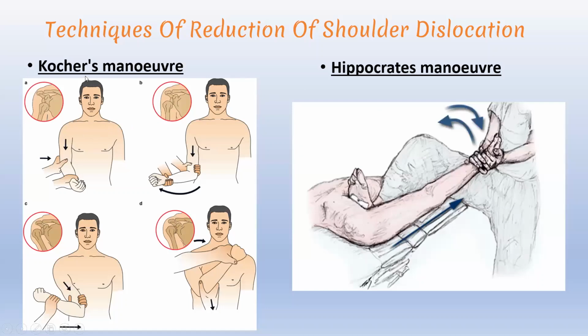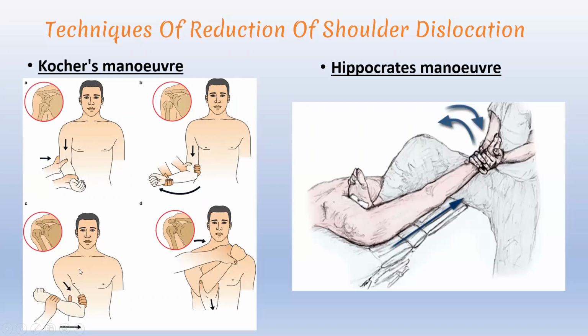Techniques of reduction of shoulder dislocation. First one is Kocher's maneuver. This is the most commonly used method. The steps are as follows. First one is traction. With the elbow flexed to a right angle, steady traction is applied along the long axis of the humerus. Traction is pulling. The second one is external rotation. The arm is rotated externally and traction is applied at the same time.